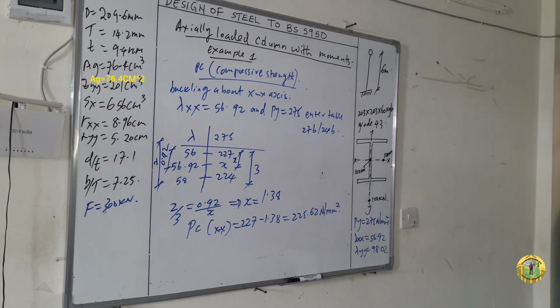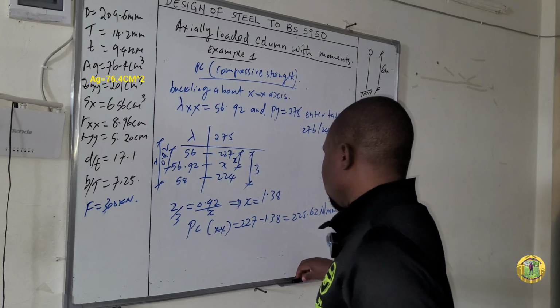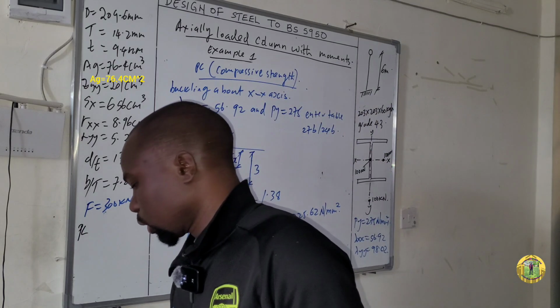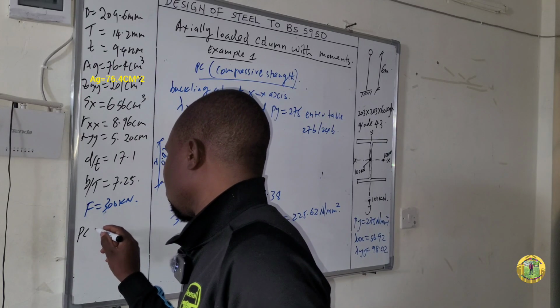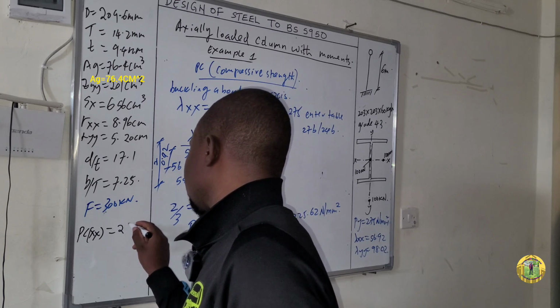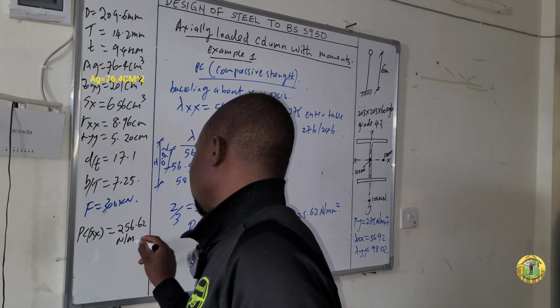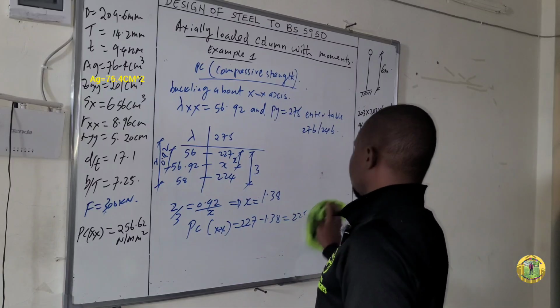And then you go for YY axis. Before I rub, let me write it here. PC for XX axis is 225.62 Newton per millimeter square. Then I will rub here.